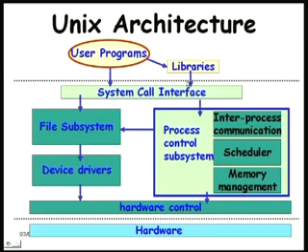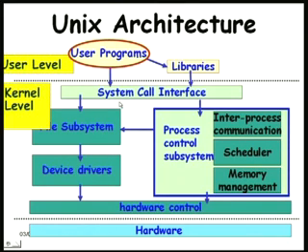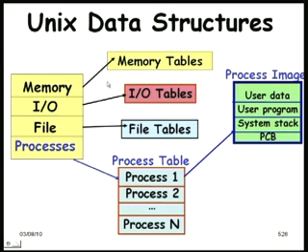And then, as we were saying, once you invoke an operating system library, it traps into the kernel mode through a software interrupt. So, the mode changes from user mode to kernel mode through a system call interface. And then there are various data structures that are maintained.